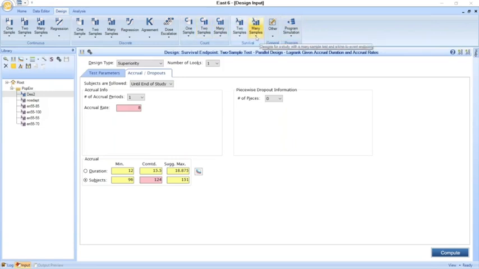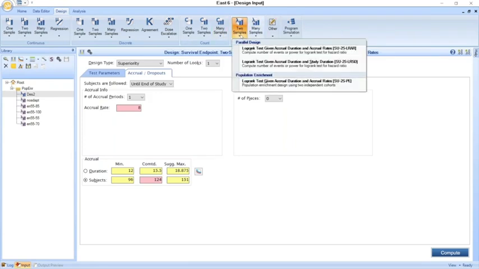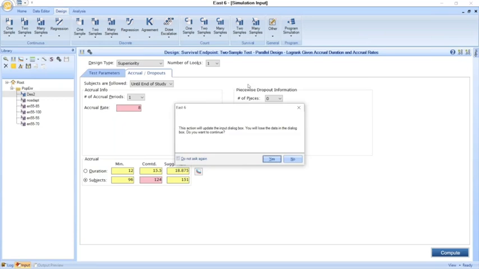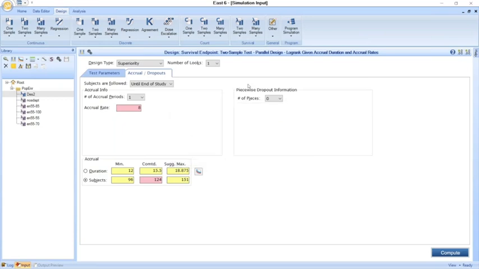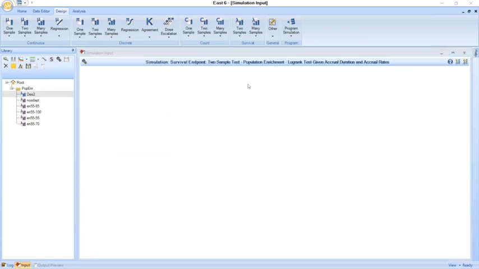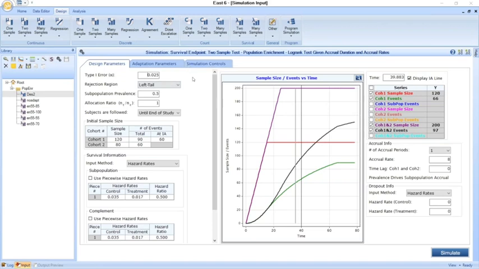Just to show you how the menu looks, we would have to go under the survival part of the ribbon and select the log-rank test given accrual duration and accrual rates under the population enrichment, which would bring up several tabs. This is, again, a simulation-based procedure, like most of the adaptive procedures in EAST. In the first tab, we would have to set the design parameters.